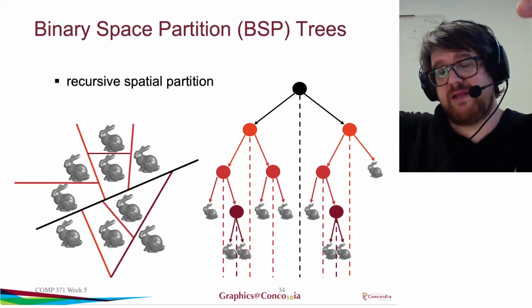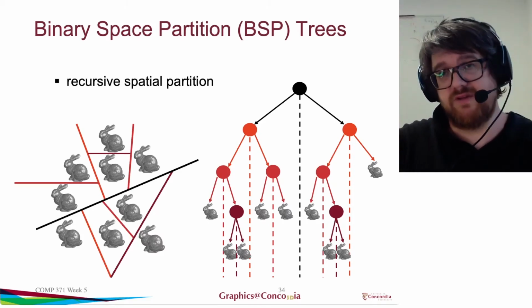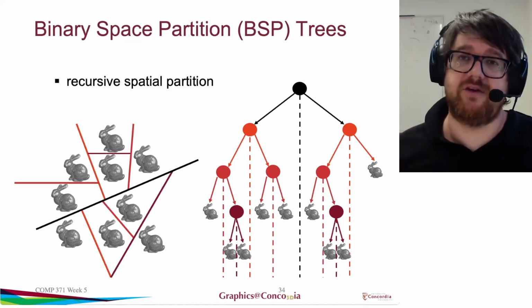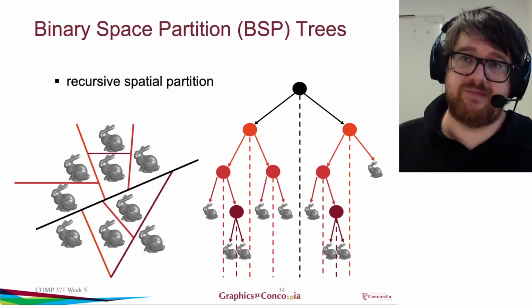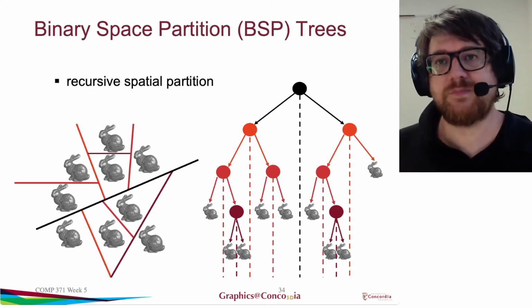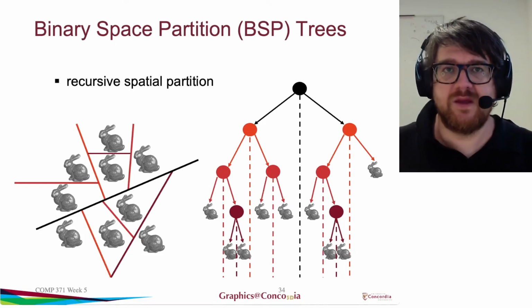You can have a building, and behind it another building, and I really don't want to render the other building. So if I have one of these binary partition planes in between, then I'm not going to even go there. So this is the logic behind it.